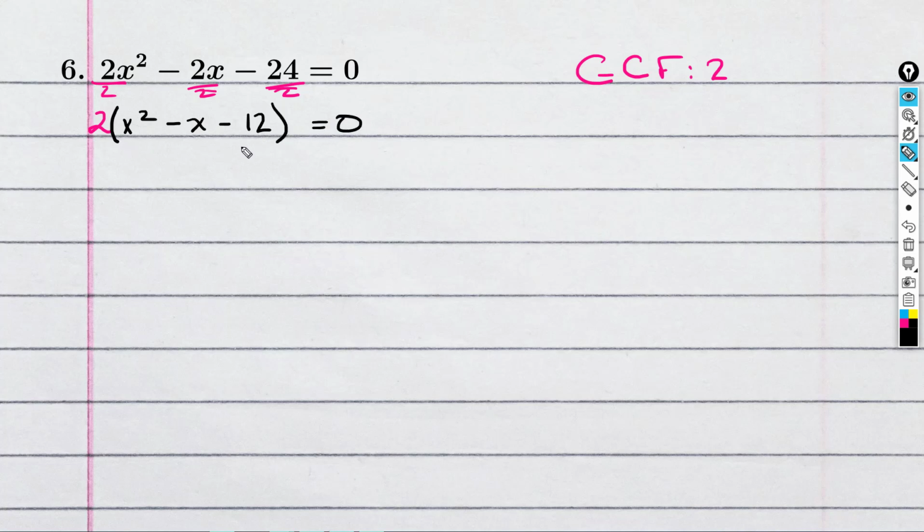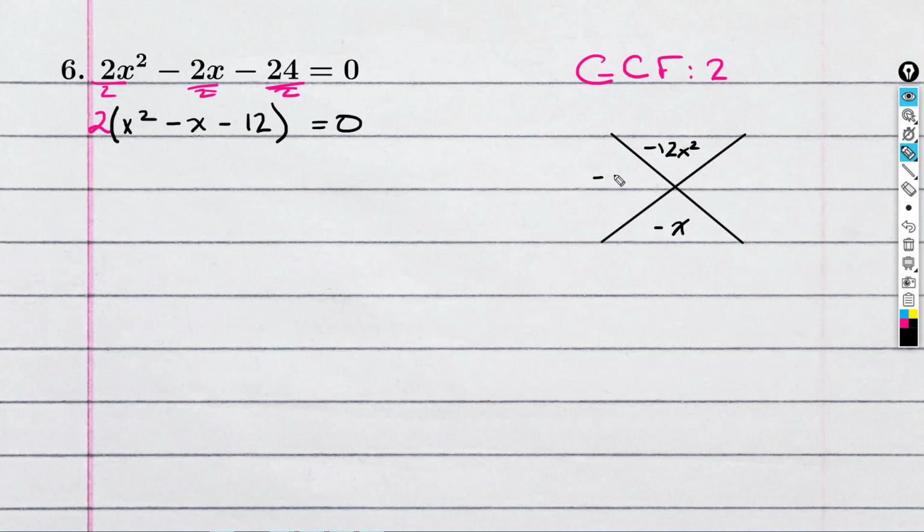So now when I look in the inside of this, I have 3 terms. And that means that I need to use the x. To fill in my x, I take the product of my a and my c, so negative 12x squared. Negative x will be our difference. So what two things can multiply to give me negative 12 that have a difference of 1?